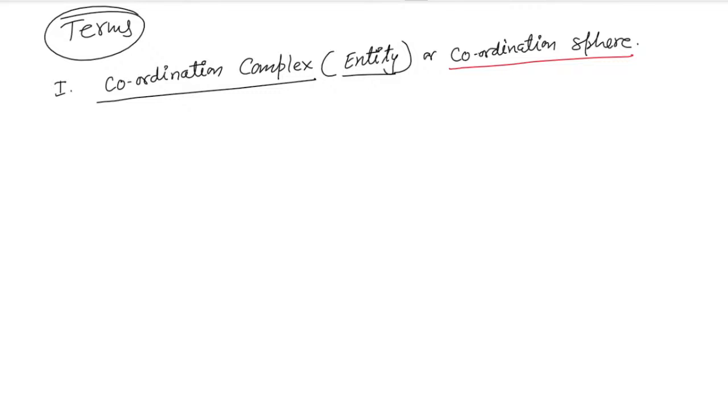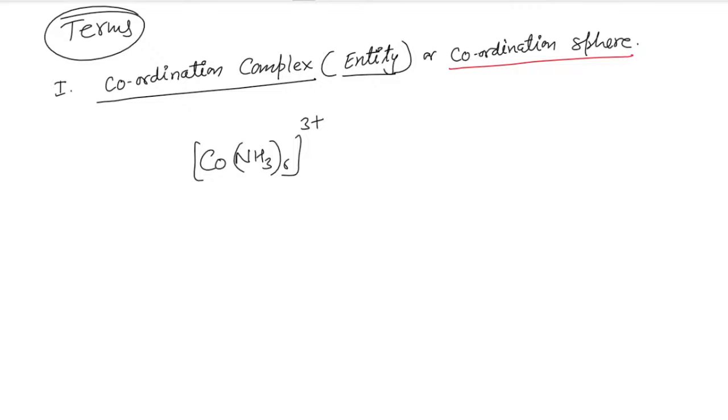It contains in it a metal atom or ion in which a fixed number of neutral molecules or ions, capable of donating electron pairs, are linked with coordinate bonds. For example, Co(NH3)6.